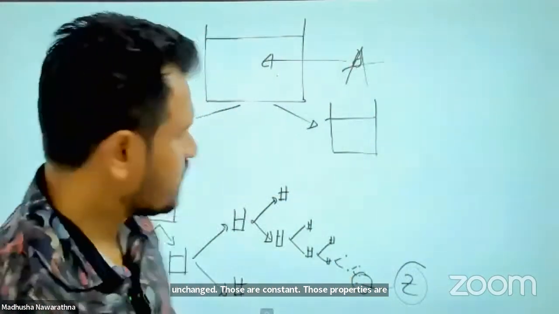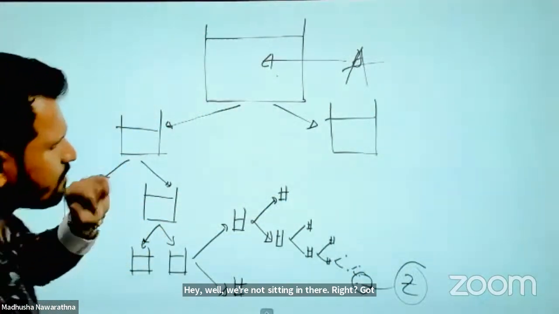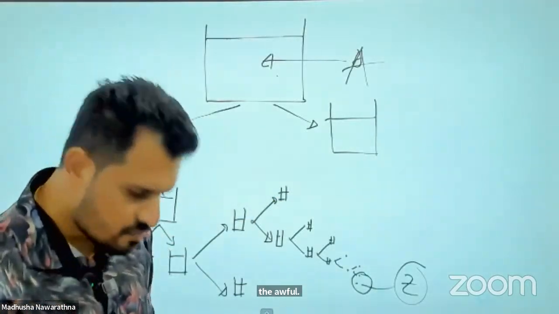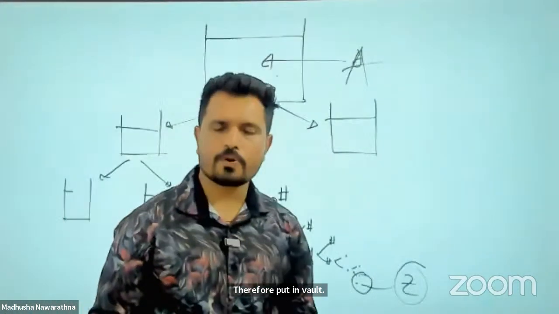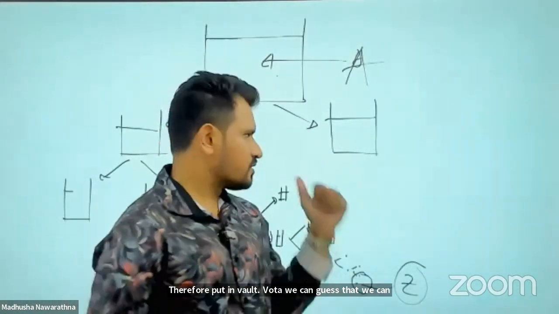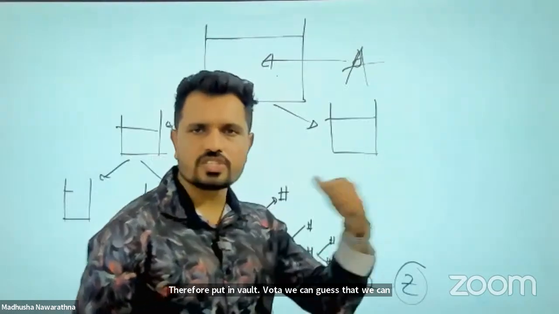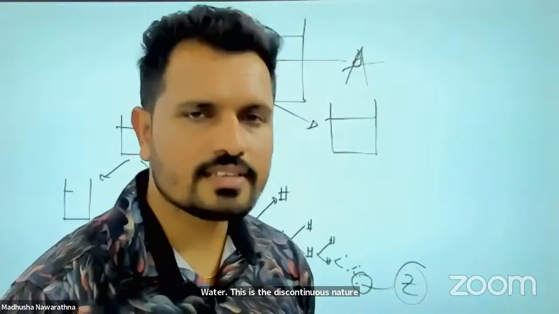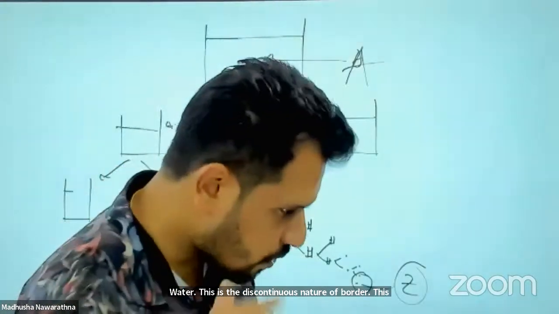Right? Got it? So, therefore පුතේ, in water we can have proper idea that this is the discontinuous nature of water. This is about the discontinuous nature of water, right?